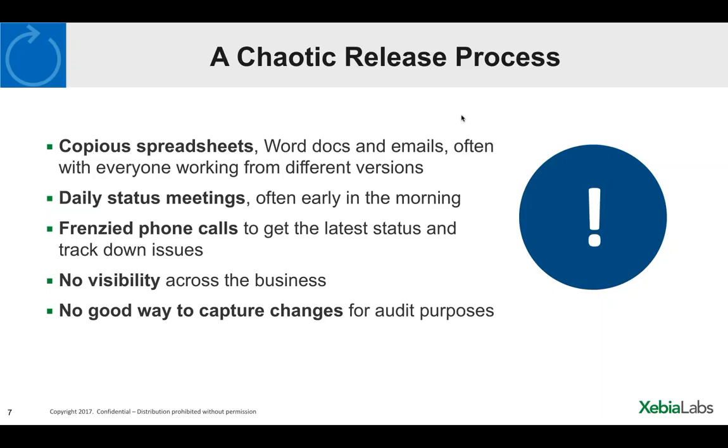Status and tracking down issues gets to be problematic when someone needs to find out from another person who holds that information what's a potential risk to the process. And then finally, you sort of face a lot of issues when it comes to compliance, auditing, regulatory needs, understanding who did what and when.